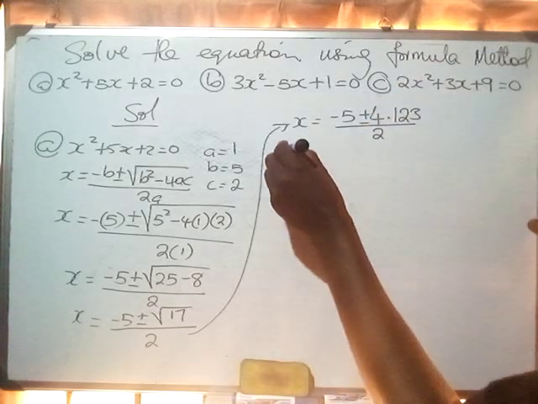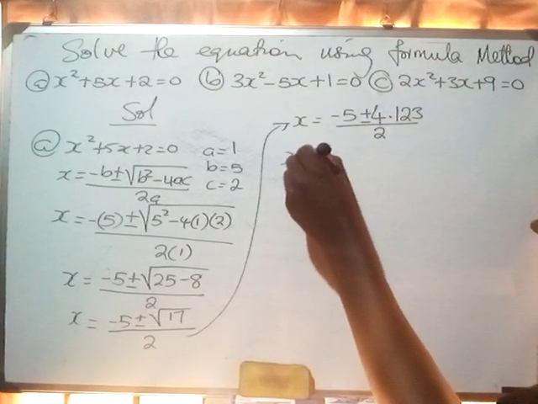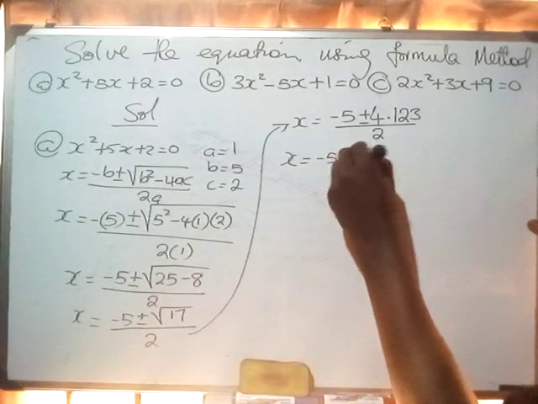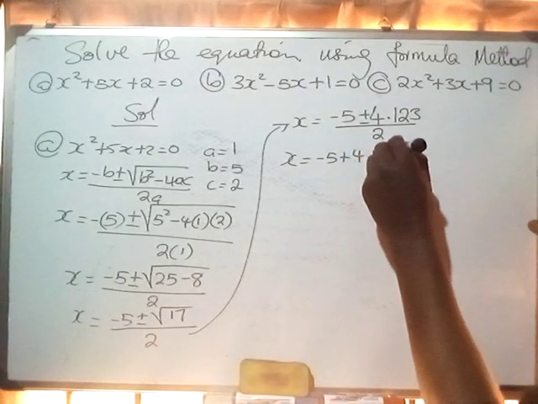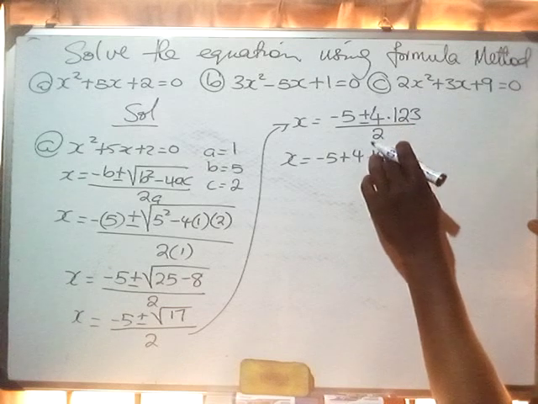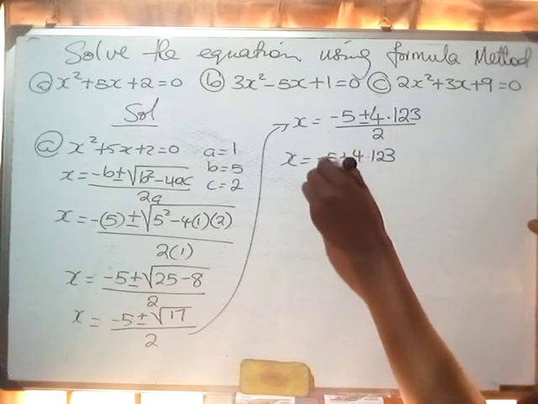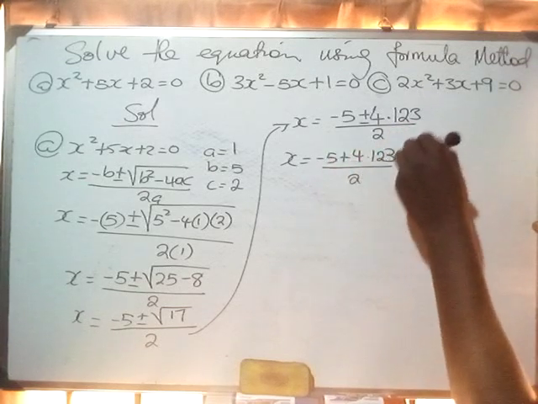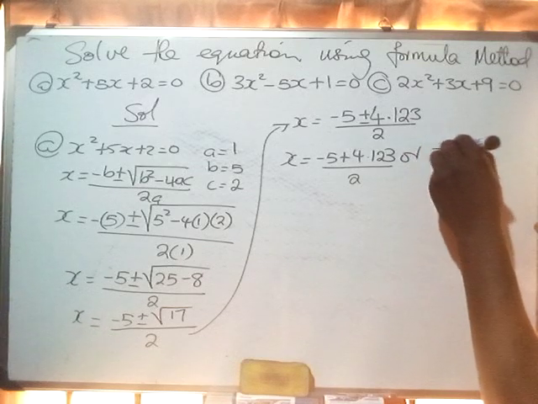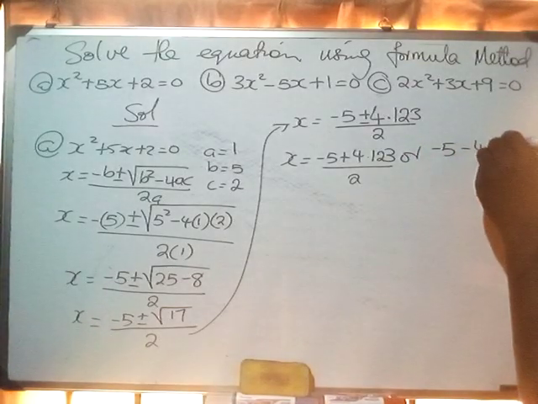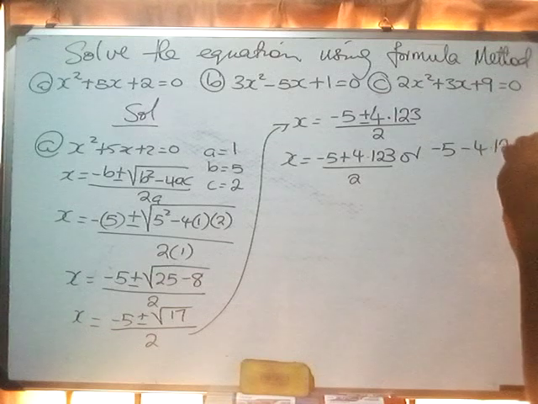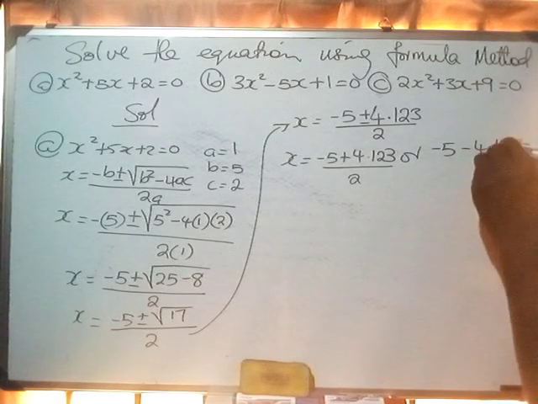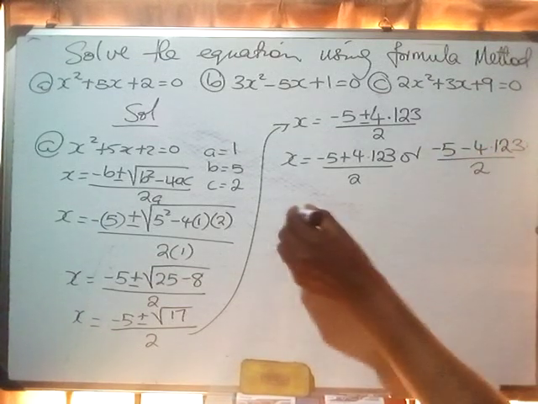So this means x is equal to negative 5 plus 4.123 over 2, or negative 5 minus 4.123 over 2.